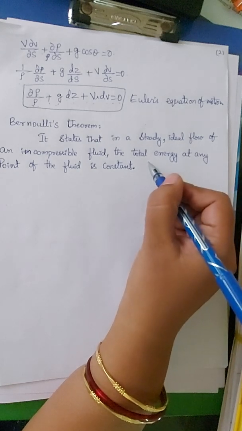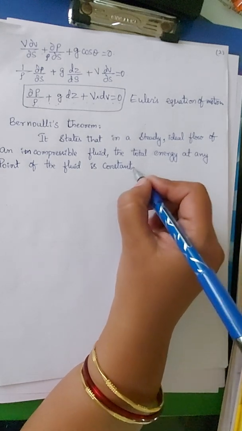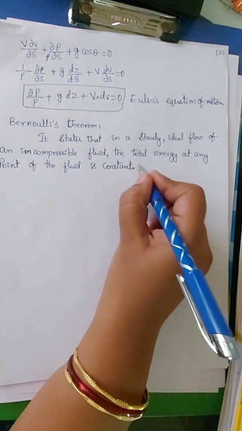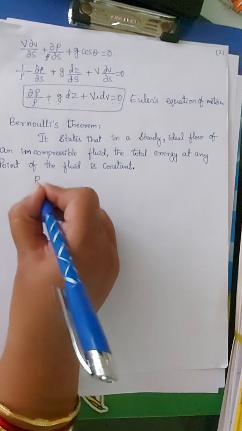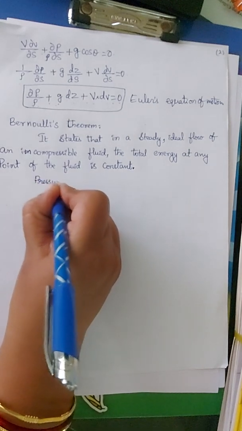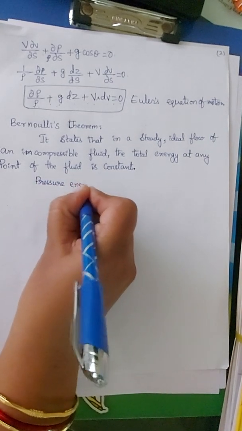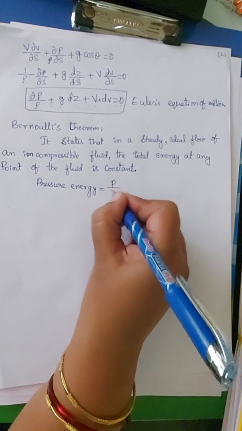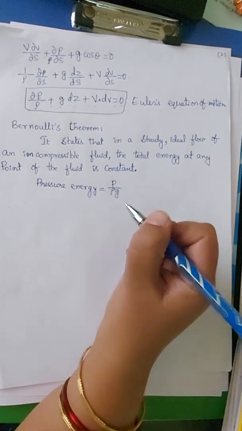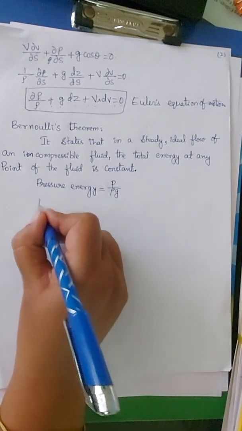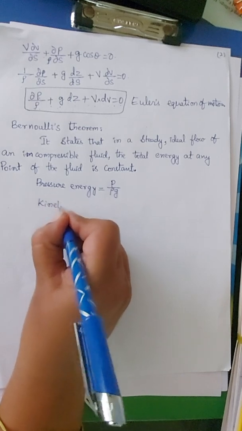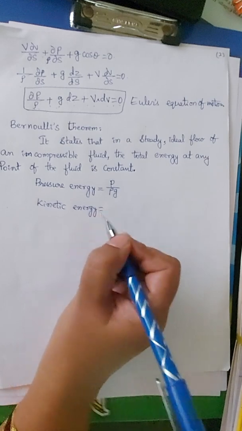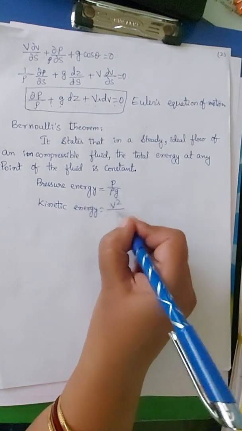This is what Bernoulli's theorem is. What is the total energy? These energies per unit weight of the fluid are, first one is pressure energy, which is equal to P divided by rho g. This is the pressure energy. Next is kinetic energy, that is equal to V square divided by 2g.